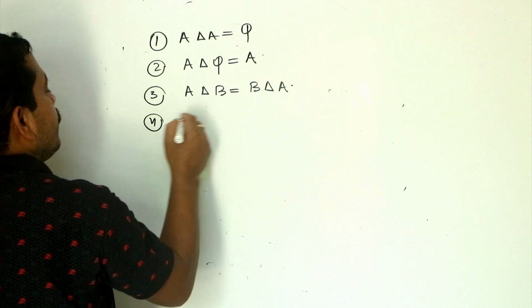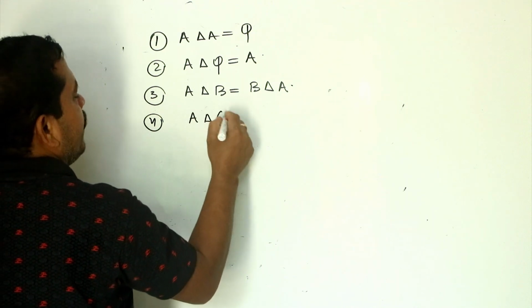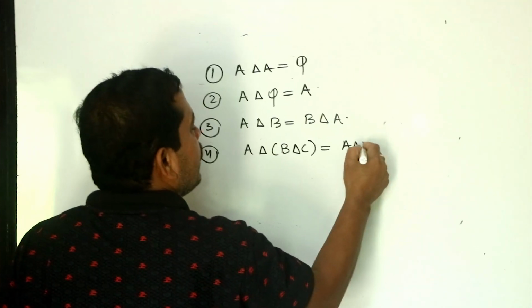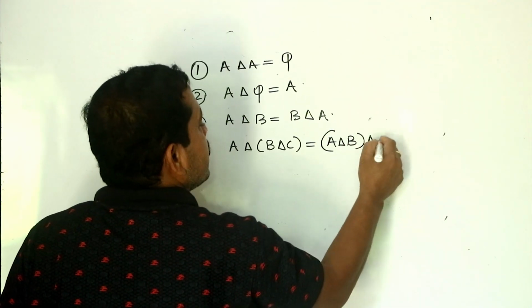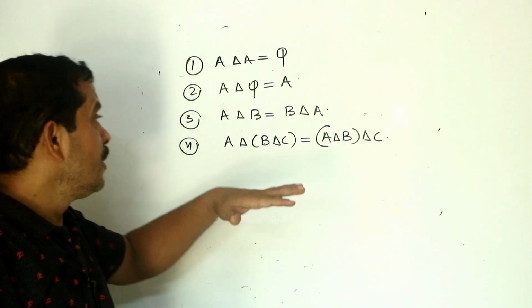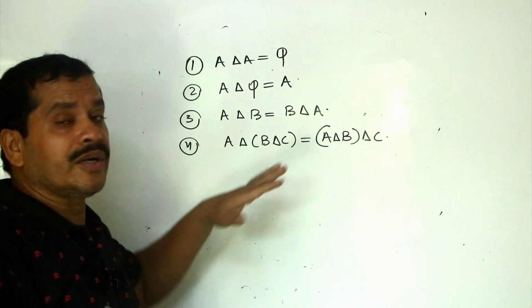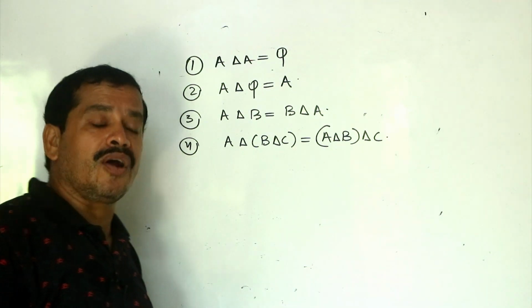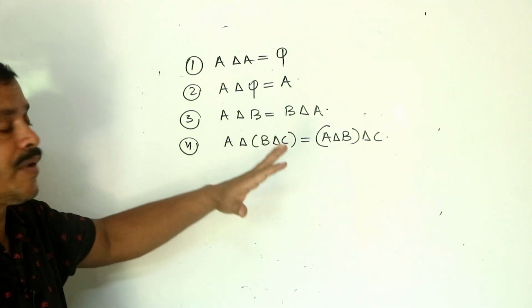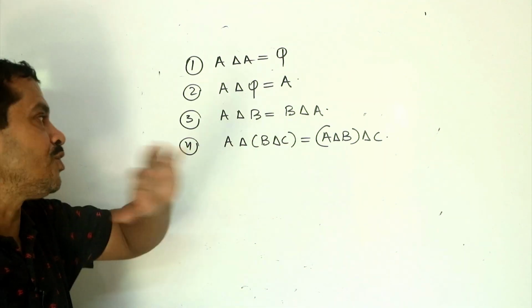Number 4, (A delta B) delta C equals A delta (B delta C). Symmetric difference is also associative, but the difference of sets is neither commutative nor associative, whereas symmetric difference is both commutative and associative.